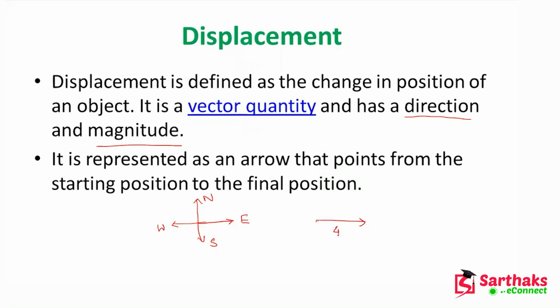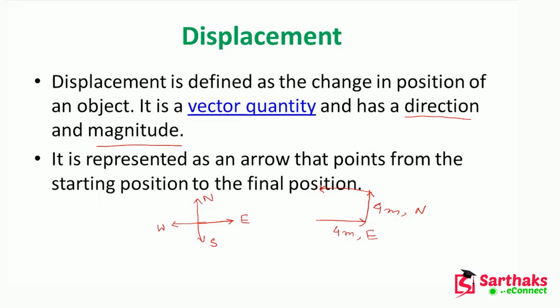Suppose one person started the journey from here and is moving towards this position. Now I will say I have crossed 4 meter towards east. Then if I move here, suppose 4 meter towards north; N for north, E for east. Again I am coming back, so it will be towards south.